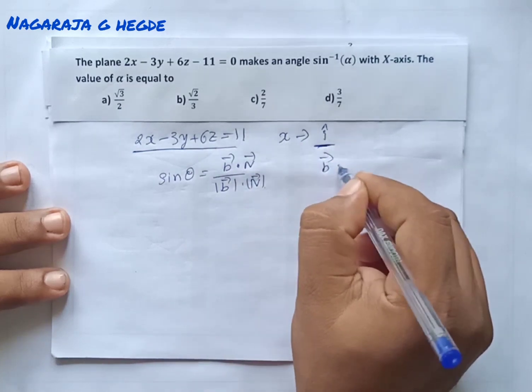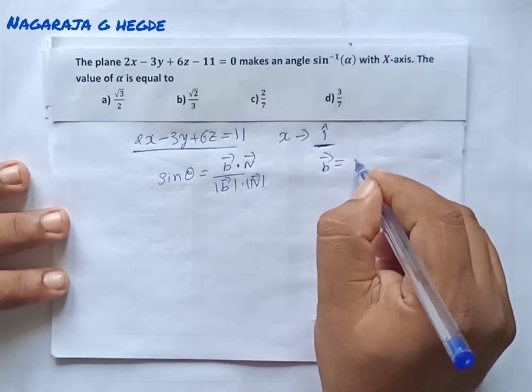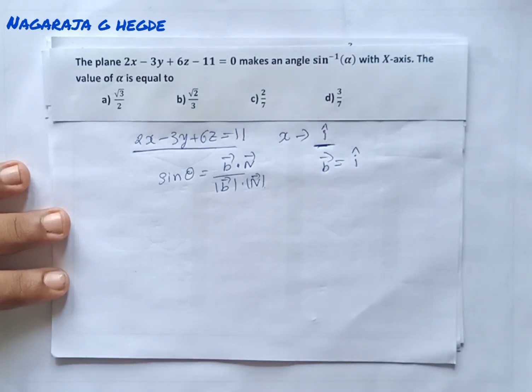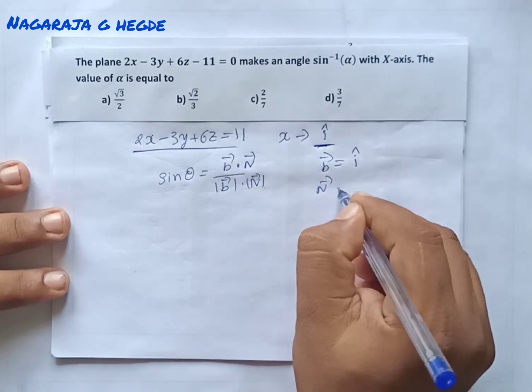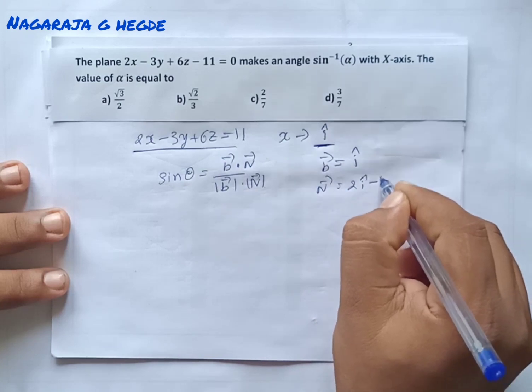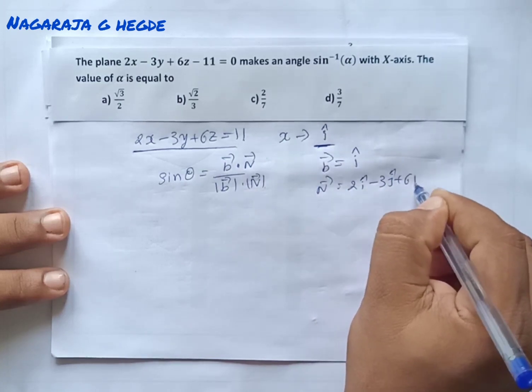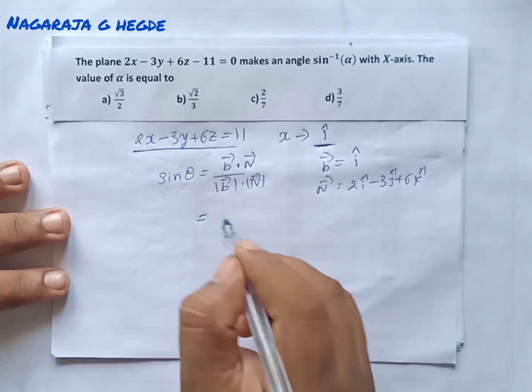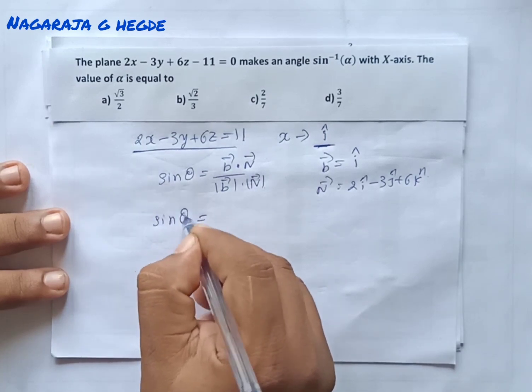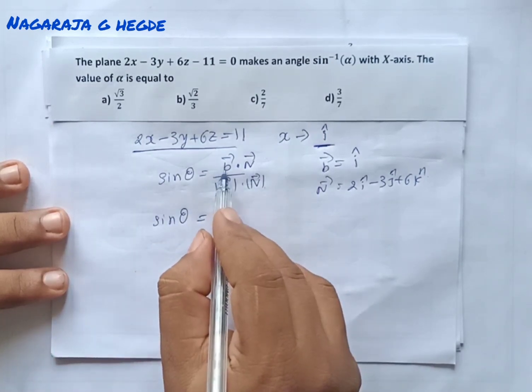What is b here? Equation of the line, that is i cap. What is vector n? 2i cap minus 3j cap plus 6k cap. Now substitute here, sin theta equal to, i dot n.